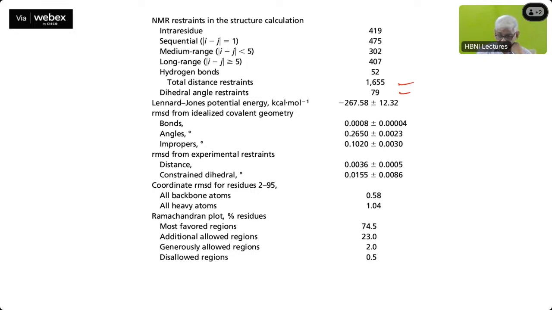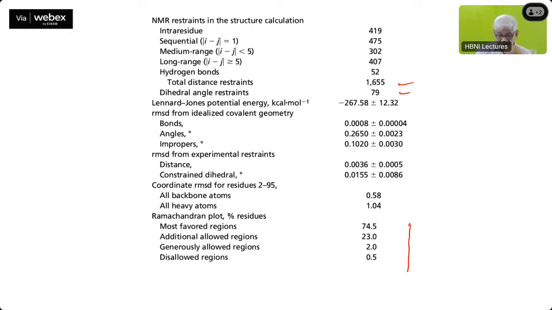Finally, you end up with this kind of statistics here, which is the most important thing. Here we see all the values and how many of the phi-psi angles are in the allowed regions in the Ramachandran map. How many are in additionally allowed, generously allowed, or disallowed regions?